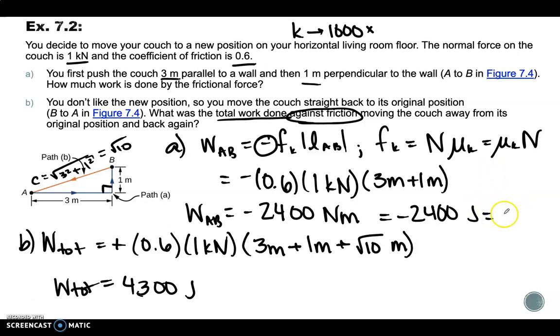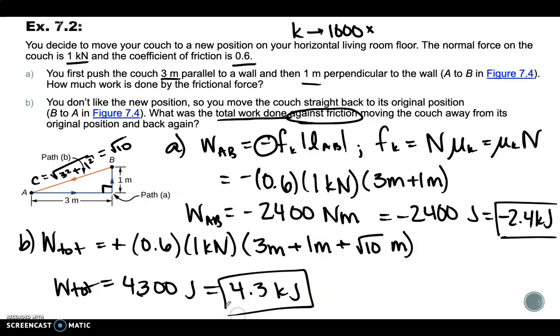That's another thing you may see. So this would also be negative 2.4 kilojoules, and the total work done could be 4.3 kilojoules. So just watch out for that when you're looking at the textbook as well as doing your homework.